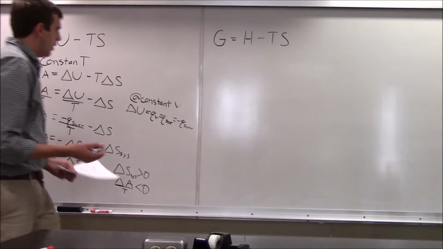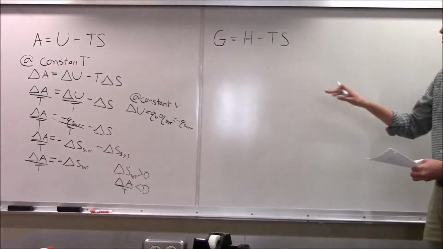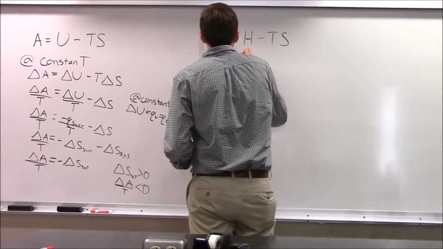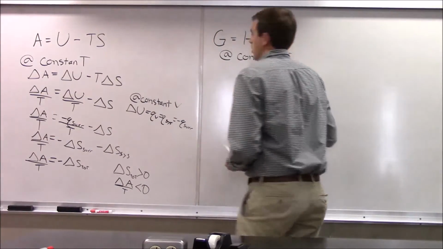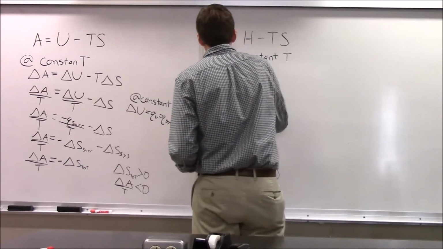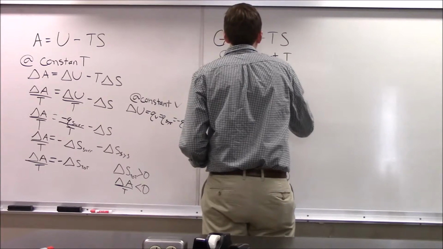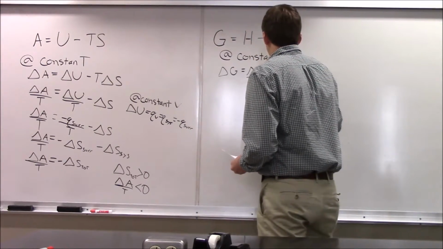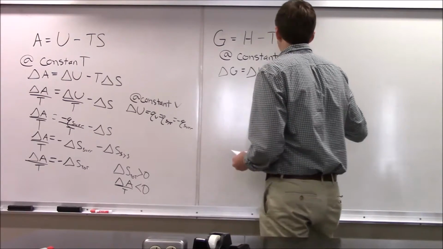Okay. So now we're going to do the same type of discussion for our Gibbs free energy. Our Gibbs free energy change at constant temperature can be written as delta G, which is equal to the change in enthalpy of our system minus temperature times the change in entropy of our system.